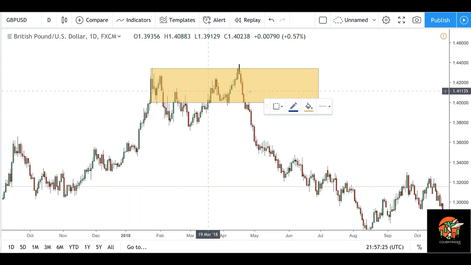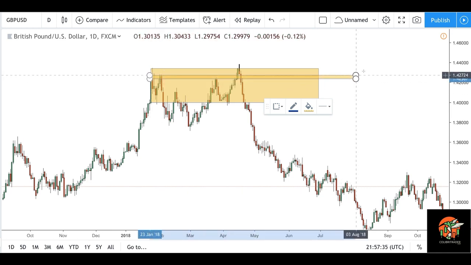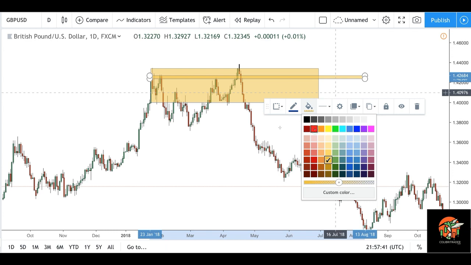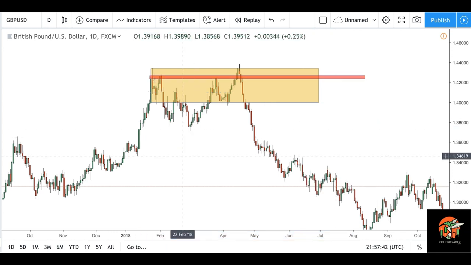So this is the major supply zone here, as you can see, and it's a pattern in which you have an uptrend, then forming of a base, and then you have a reversal, and in this case a downtrend. So what is the major resistance here? I'm going to draw that as well, and change the color of this resistance so I can make it easier for you to pinpoint.